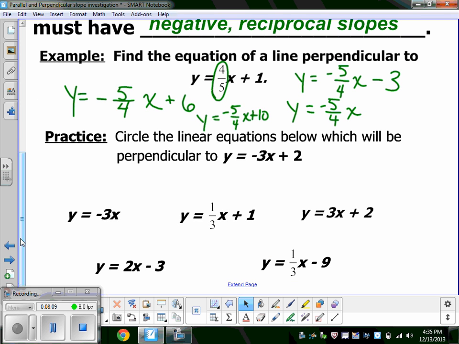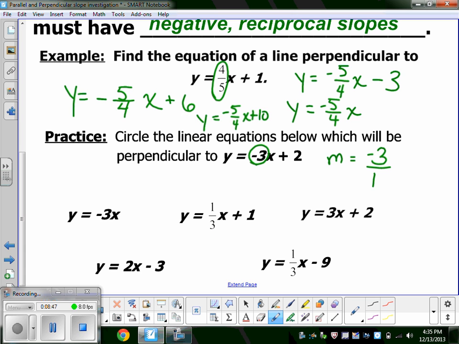Take a moment, pause the video, and circle all of the linear equations below that will be perpendicular to the line y equals negative 3x plus 2. Given our original equation here, y equals negative 3x plus 2, let's examine our slope. Our slope in this case is negative 3. But if we want to make this a fraction, we now have negative 3 over 1.